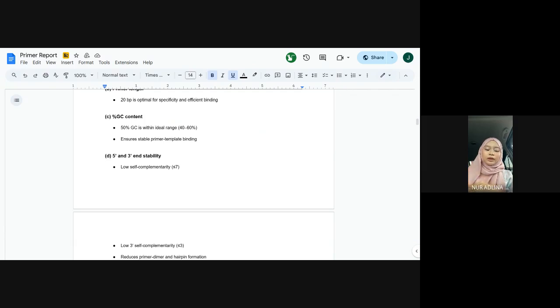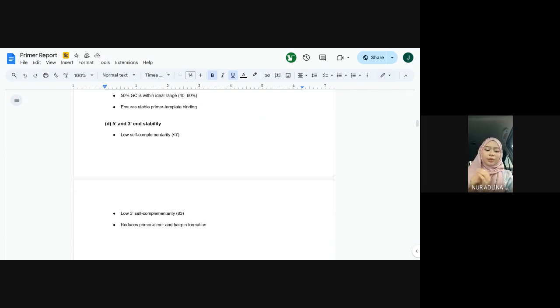The values are low, under 7 for general and under 3 for the 3 prime end, which means that the primers are unlikely to stick to themselves or form hairpins. That's all from me.